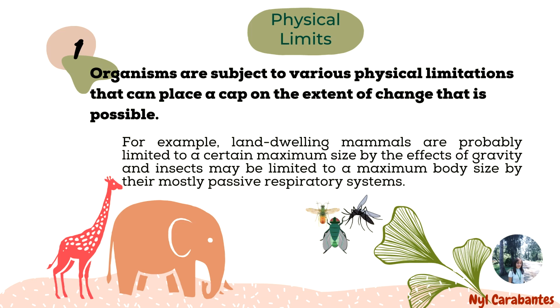For example, land-dwelling mammals are probably limited to a certain maximum size by the effects of gravity, which is lessened in water because of the effects of buoyancy, and insects may be limited to a maximum body size by their mostly passive respiratory systems.